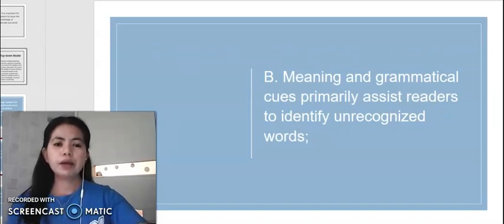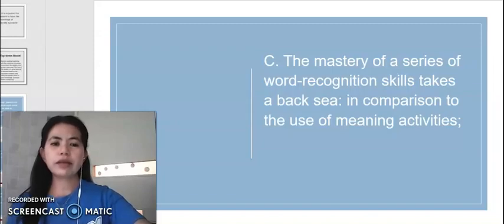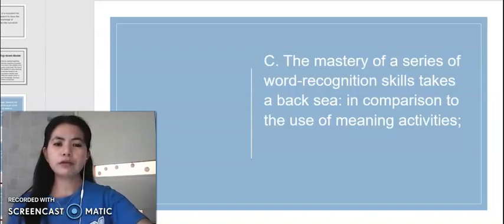The meaning and grammatical cues primarily assist readers to identify unrecognized words. The mastery of a series of word recognition skills takes a backseat in comparison to the use of meaning activities. So in the top-down model, word recognition skills is not a primary requirement.